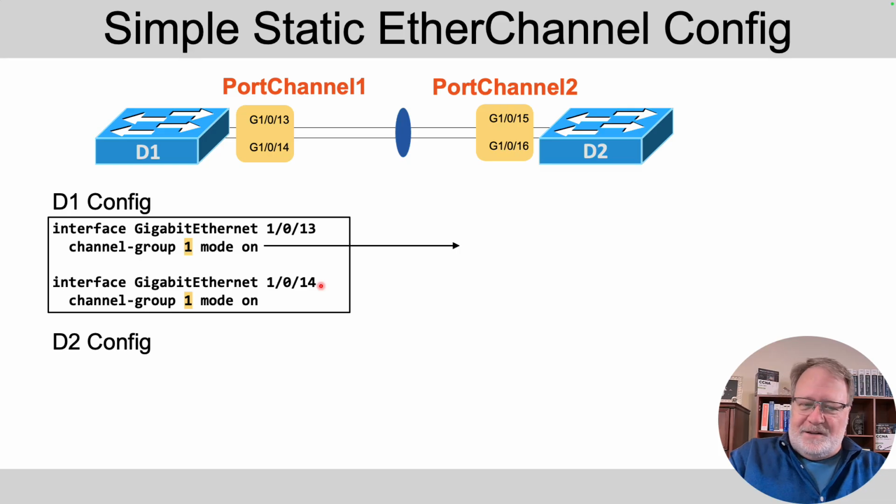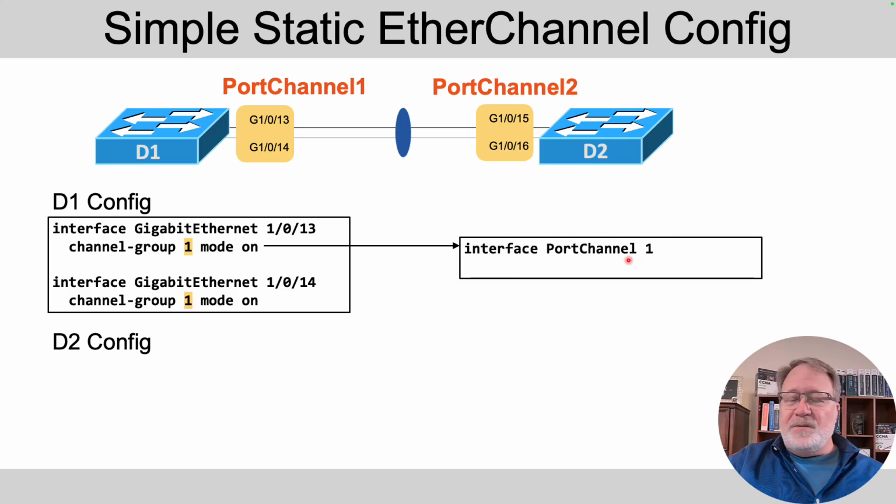As a side effect, though, of the first of these channel group commands that refers to the number 1, IOS then creates for us dynamically that port channel interface. So you do a show run after all this, you'll see interface port channel 1, and it will exist in the config. You can do a show interface port channel 1 and see statistics. Other commands will refer to this port channel 1 interface.